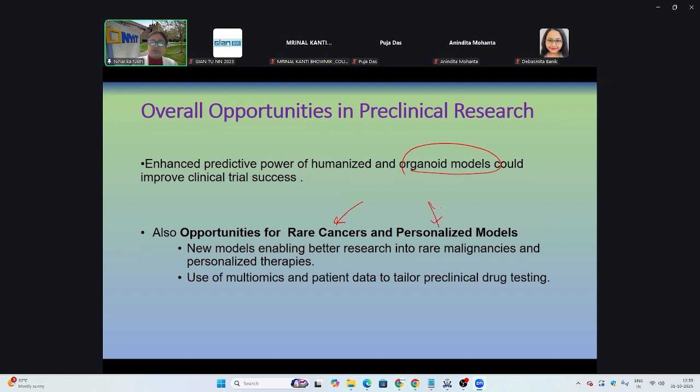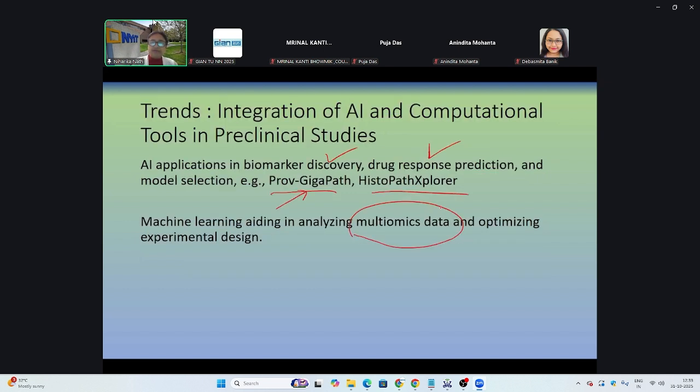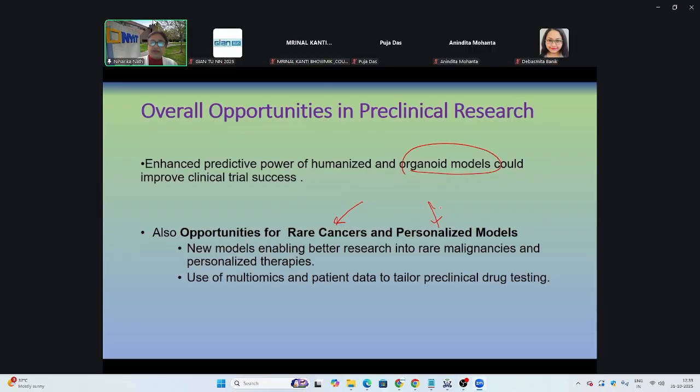So I'm just saying that you can use AI and the power of AI to also utilize all that data and the patient data, etc., to be able to give personalized treatment to the patients, or for rare cancers, malignancies that we don't have many examples of.